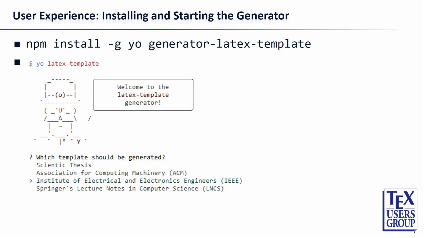And then you run the LaTeX template generator, and you get a prompt asking, what do you want to generate? Do you want today a scientific thesis template? Do you want to write something for the ACM? Do you want something to write for IEEE? Or do you want to write something for Springer? And depending on the choice there, the questions can continue.